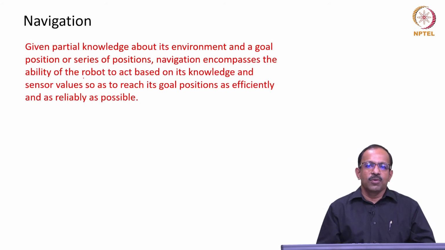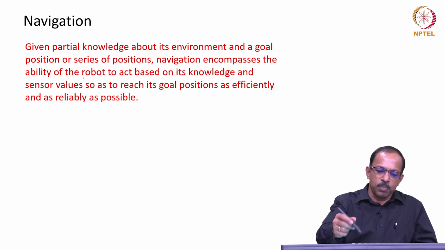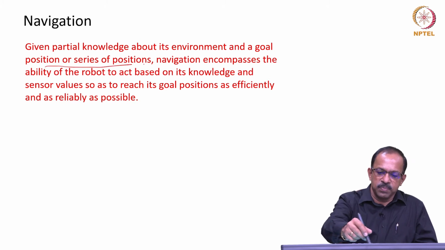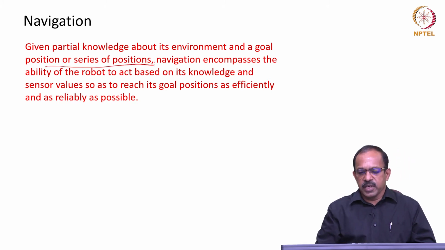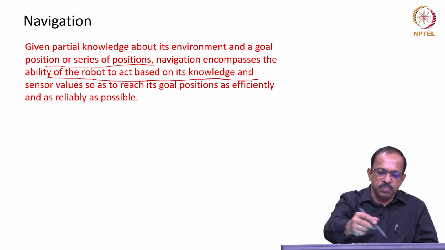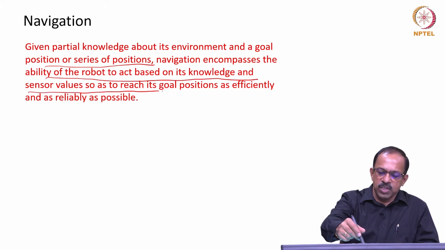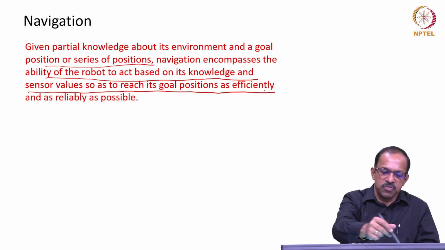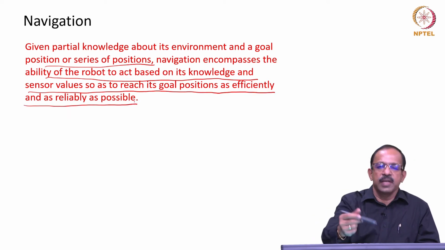Okay, so now navigation is defined as: given partial knowledge about its environment and a goal position or a series of positions, navigation encompasses the ability of the robot to act based on its knowledge and sensor values so as to reach its goal position as efficiently and as reliably as possible.